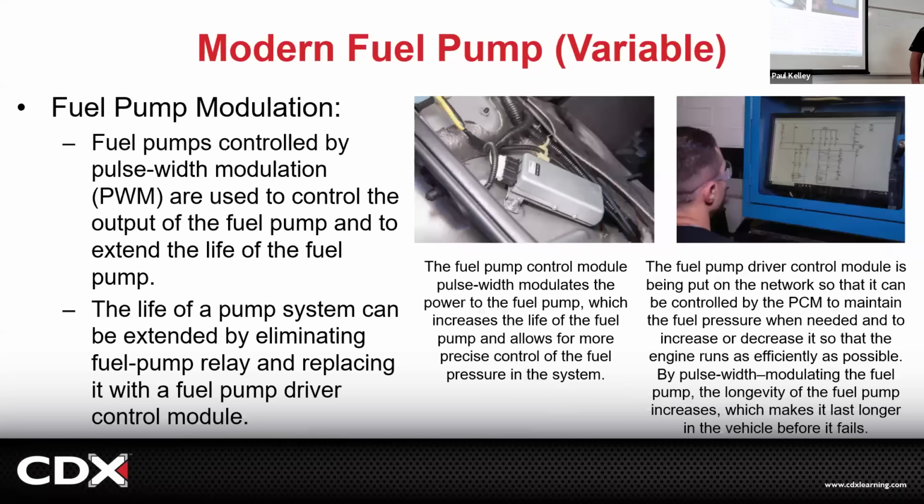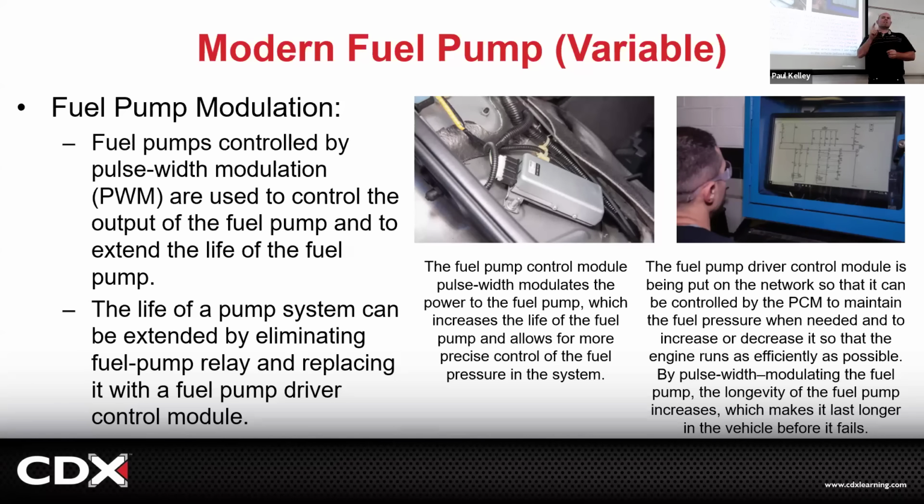Cool. And a little cheat trick. Nice high-end meters like a Fluke 88V actually have a PWM or duty cycle setting. So you can act like you're checking for 12 volts, right? But instead you put it over on duty cycle and it'll give you a percentage. And if it says 50% or 30% or 80% or whatever you think the number is, you'd be like, oh, it is getting it.